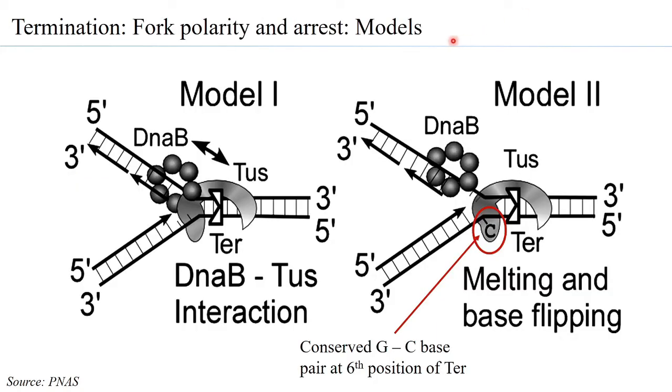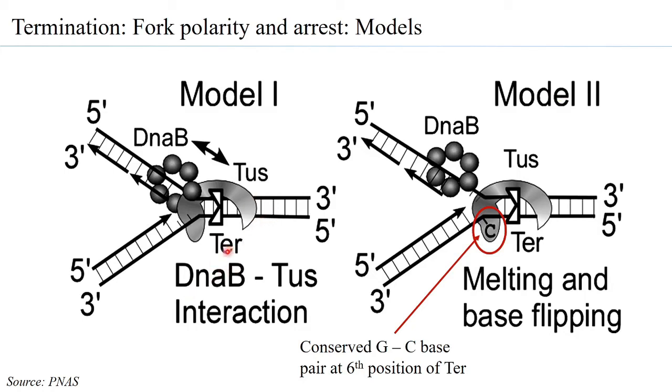Now, to understand the case of the fork polarity and the arrest of the movement of the fork, several studies were carried out, and after all the different studies, there were two models that were proposed.